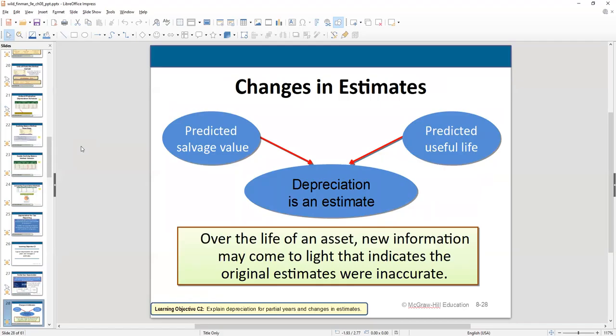Now, sometimes your depreciation estimates will change. Either you will decide that it's going to have a longer or shorter useful life, or salvage value may change. And a good example of salvage value changing is if you're basing your salvage value on taking it to the metal recycler, well, those prices change.